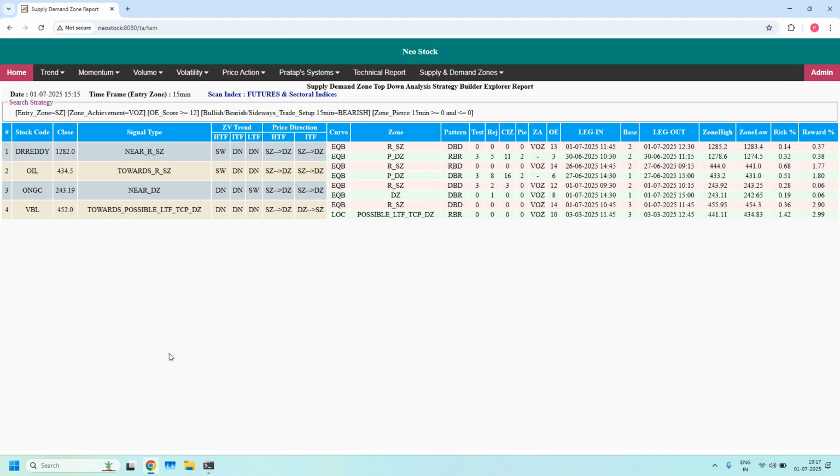We got 4 stocks supporting bearish trade setup for daily income trade, and entry time frame zones are 15 minute supply zones. So we got 4 15 minute supply zones. Out of these 4, we can further filter based on the zone confluence.